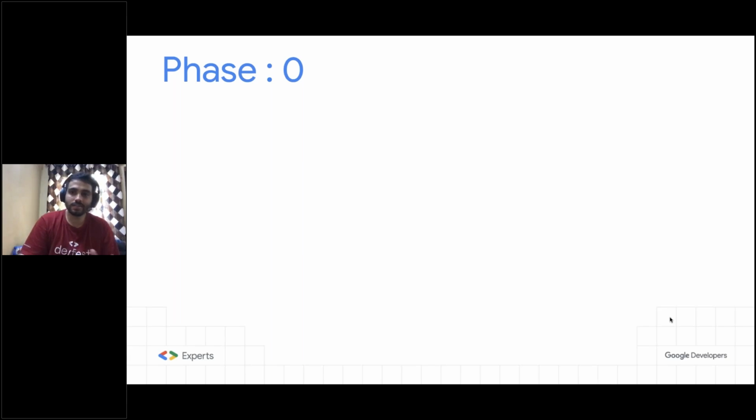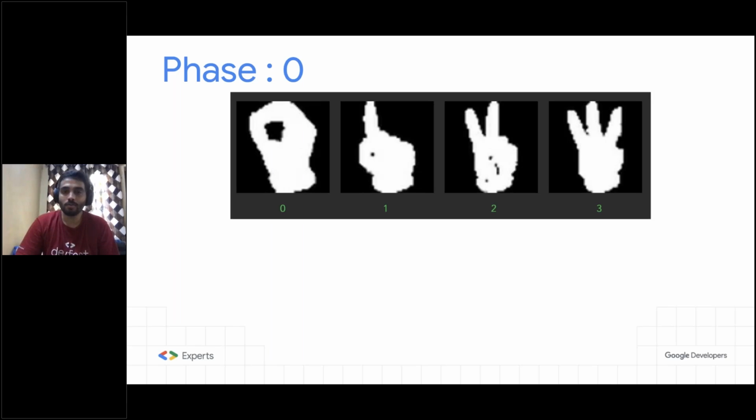The first phase, or the 0th phase, was just working with hand gestures. I did not want to work on the entire hand images. I wanted to work on just a skeleton image, so that the resource intensity will be minimum, because I filtered out all the background noise and I'm just working on my hand skeletons.